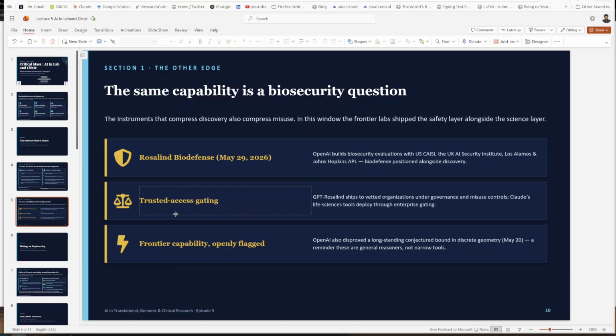Let's go in there. I think I spent quite a bit of time in there. So then we have this frontier capability and openly flagged. That's fine. These are the stories of the two top tier LLM companies, OpenAI and Anthropic.